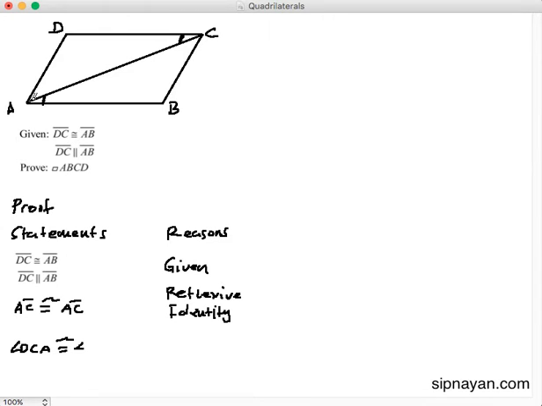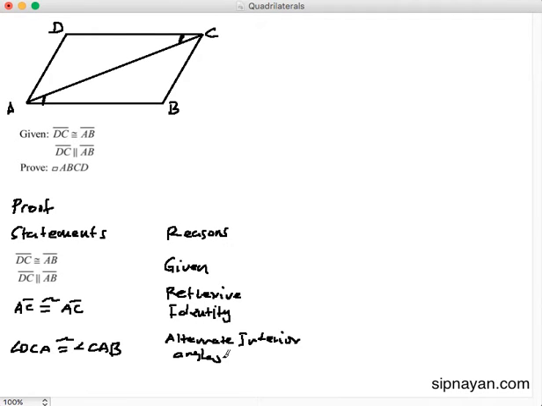DCA, CAB. Ano natin dyan? So, yung alternate interior angles. Hindi ko na kukumpletuhin pero ayun ang reason nun.